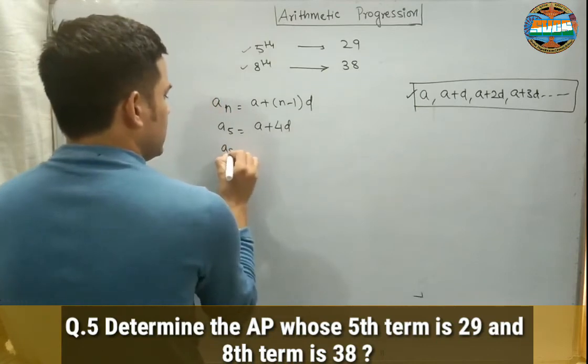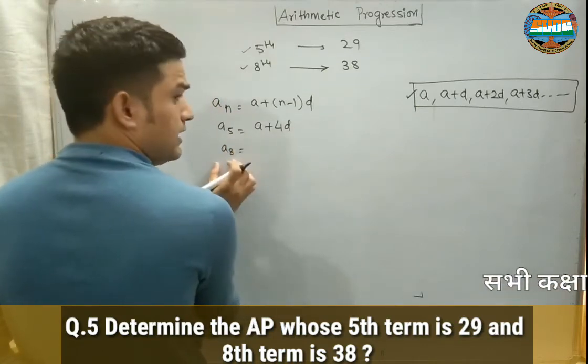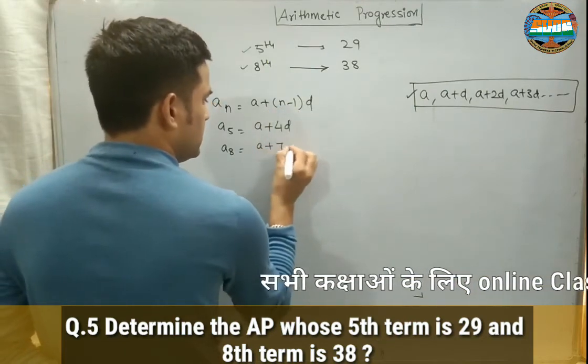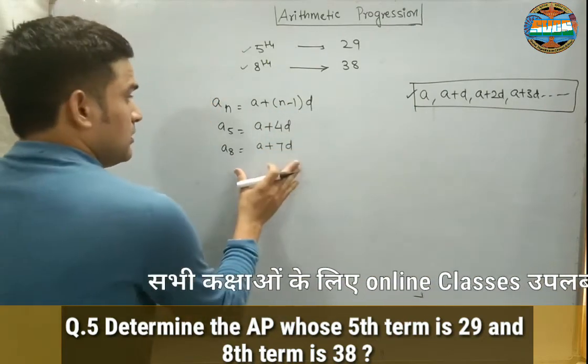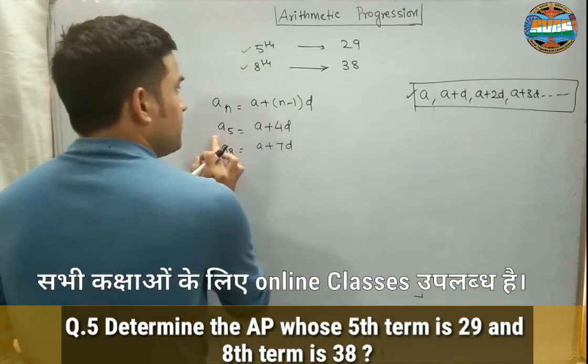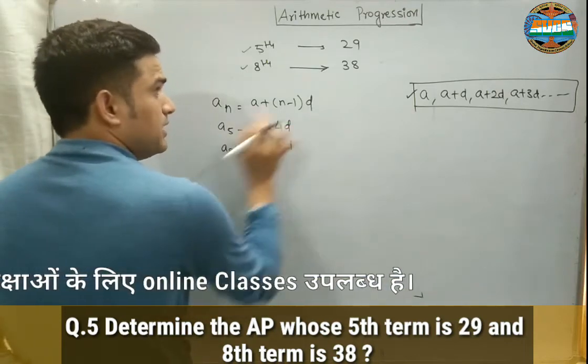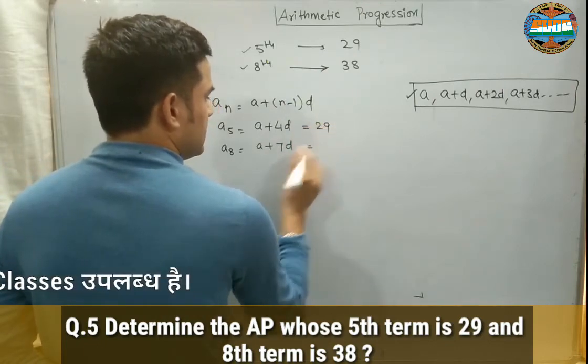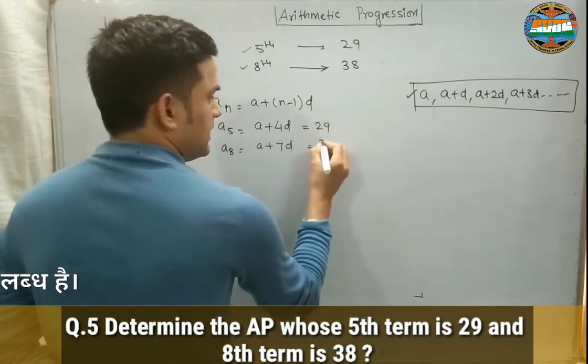The 8th term is A plus (8 minus 1) D, which means A plus 7D. The 5th term is 29, so A plus 4D equals 29, and A plus 7D equals 38.